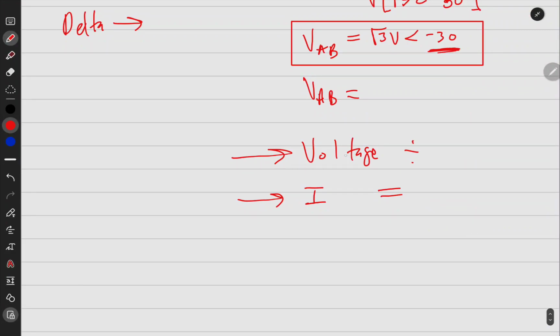The relation is that line voltage is root 3 times phase voltage, which is what we just proved, and line current is the same as phase current.